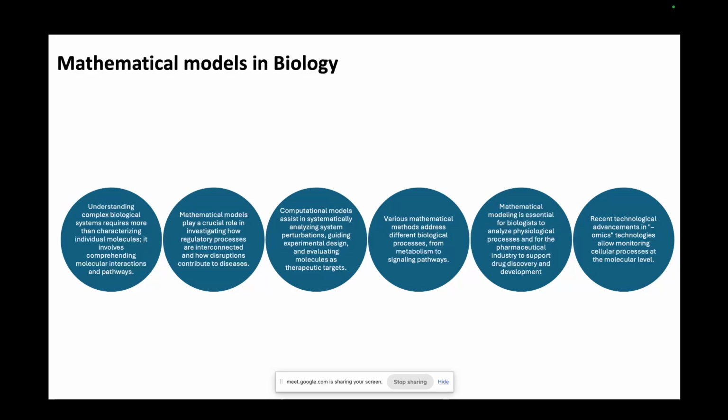So what we do is we try to formulate the functions of those particular elements inside the system using mathematical models, and we try to simulate and perturb them to see what kind of results we get if we perturb a particular pathway, or shut down a molecule that is producing a particular protein. These kinds of experiments would be very difficult to do in the wet lab, but can be easily analyzed using mathematical models.